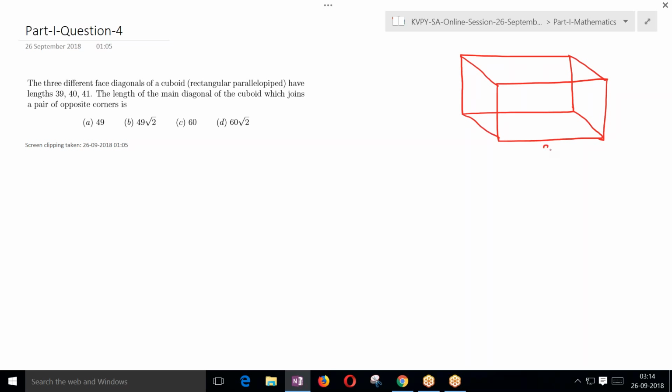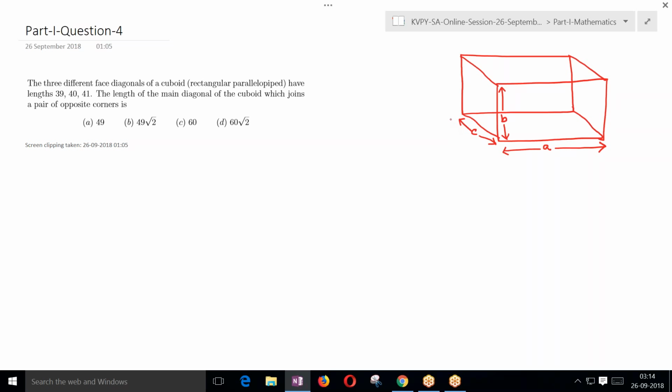suppose this is a, this is b, and this is c. Now there are three face diagonals.